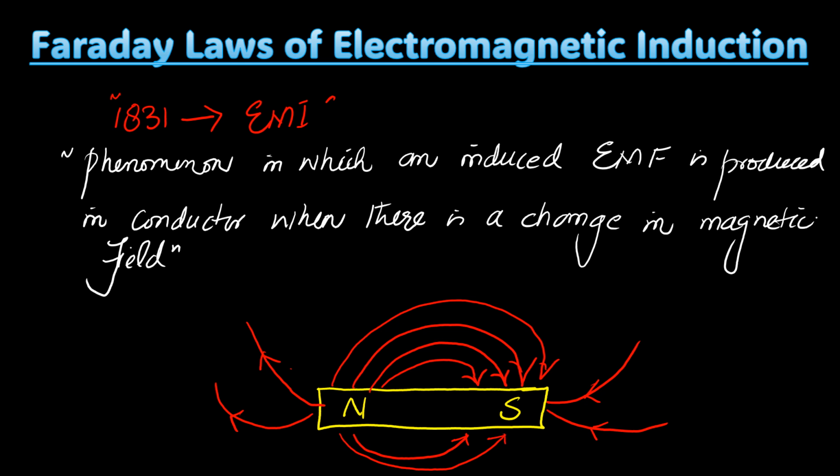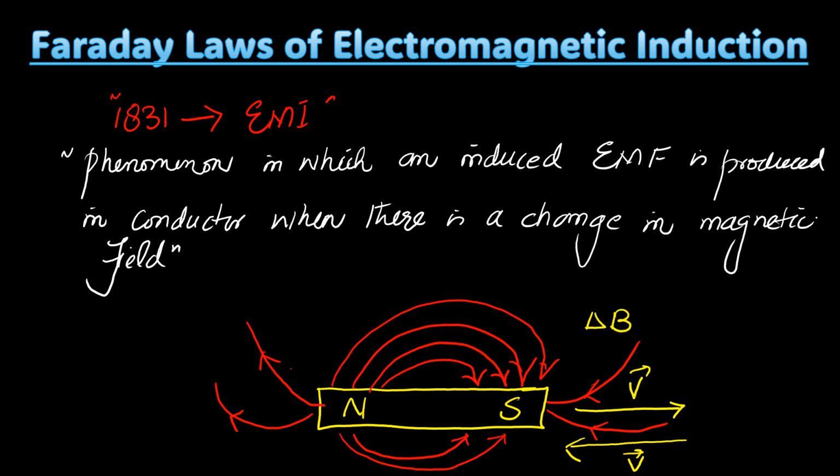So whenever this magnet is moved either in a forward direction with a certain velocity or in the backward, opposite direction with a certain velocity, there will be a change in magnetic field.